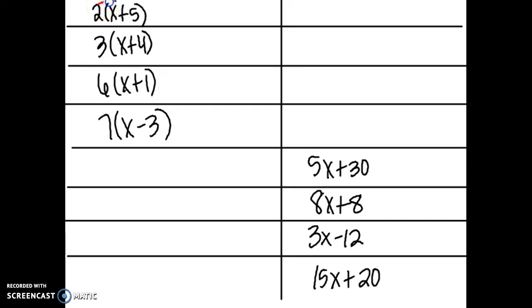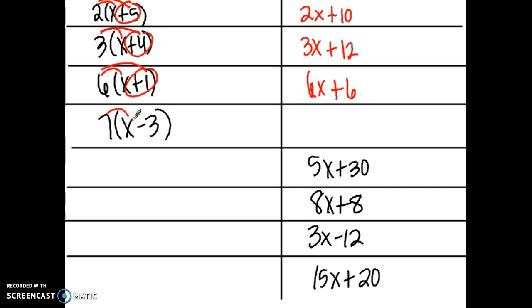So 2 times x is 2x, and 2 times positive 5 is positive 10. 3 times x is 3x. 3 times positive 4 is positive 12. 6 times x is 6x. 6 times positive 1 is positive 6. And 7 times x is 7x. 7 times negative 3 is negative 21.